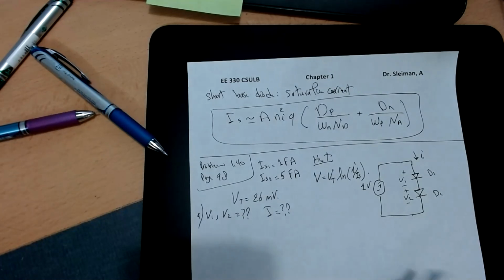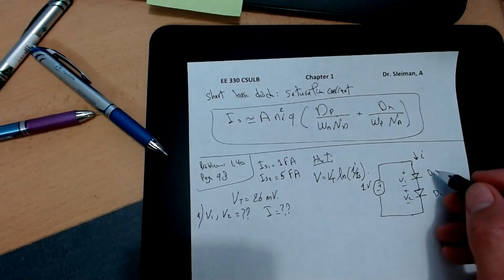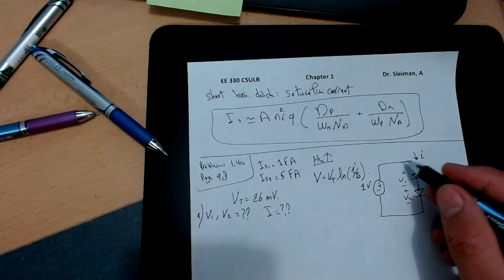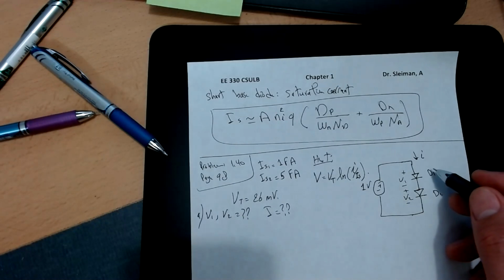So the first step we're going to take: even though the current runs through a series of D1 and D2, both currents are the same.